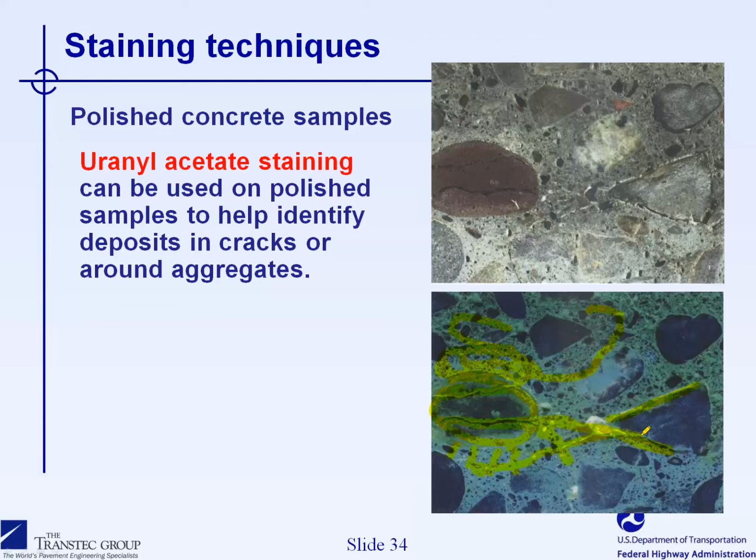In the case of ASR, it would be related to alkali-silica gel. In the case of DEF, it's related to the formation of secondary ettringite in the concrete. So I would say, visually speaking, when you look at the structure, it may look similar to some extent, but you absolutely need to do a petrographic examination in order to determine the source of the problem.